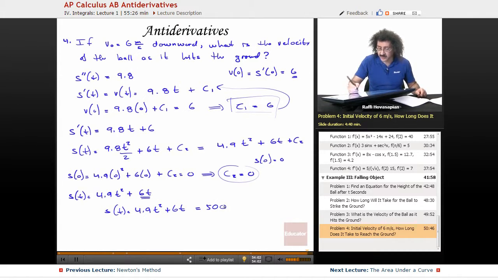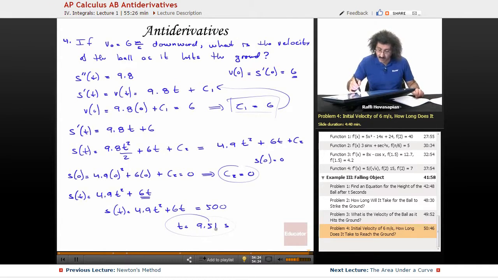I need to set that equal to 500. When I do that, I get t is equal to 9.51 seconds. Exactly what I expect. I threw it down with an initial velocity instead of dropping it from rest, so it's going to take less time for it to get to the ground. It took 10.1 seconds. Now it's only taking 9.51 seconds.